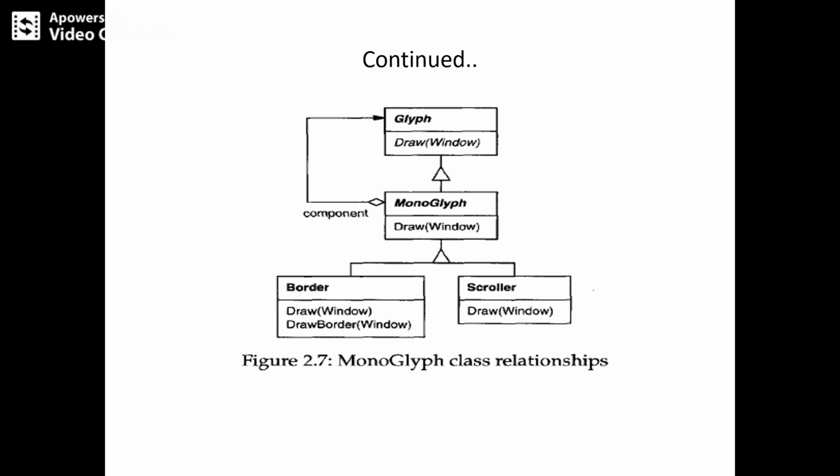Actually, a monoglyph is totally transparent to a client by default, because the client need not worry about this. By default it is completely transparent, so you can access whatever the client expects.